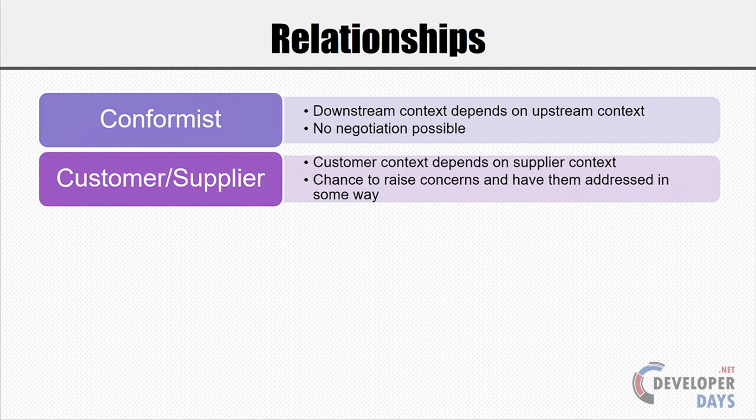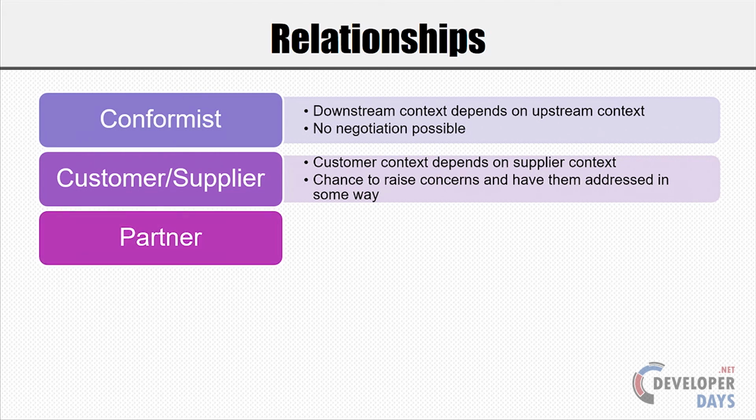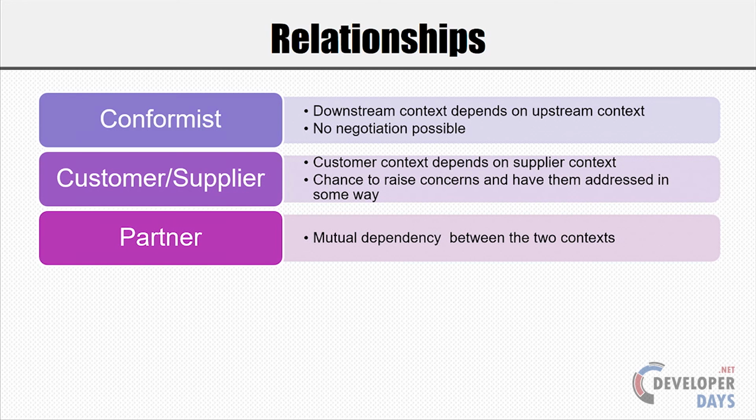Customer supplier is the same thing, except that as the chief architect, you allow some negotiation. Okay, guys, the final word belongs to the upstream context and team, but you guys talk if there is some conflict or if some adjustments that keep you both happy can be made. A partner is when the relationship actually doesn't have a master and a slave, but both are master and slave at the same time. It's a 50-50 kind of thing.